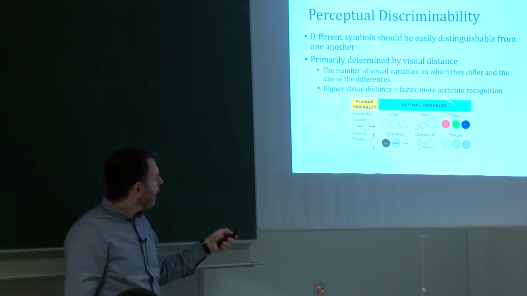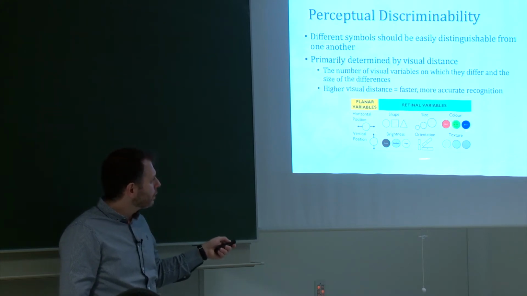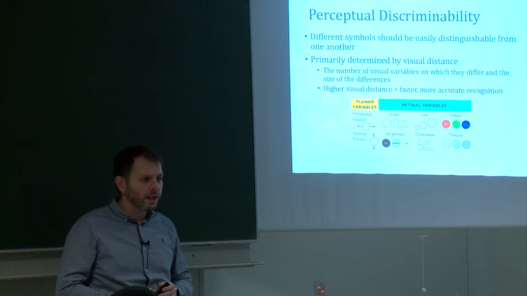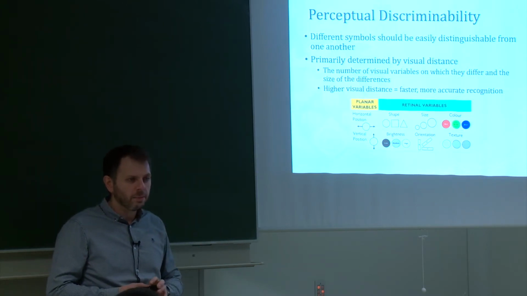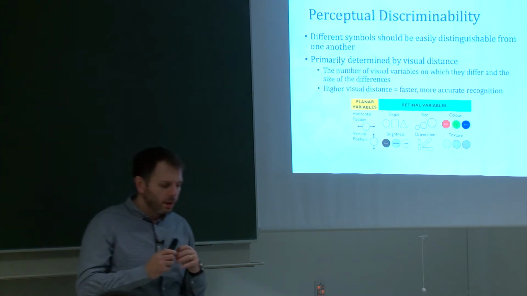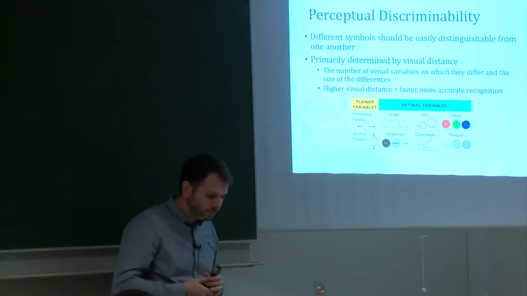We have 8 parameters here, so we can play with shapes, sizes, colors, textures, orientation, brightness, and then the horizontal and vertical position of diagram elements. These all contribute to them being visually unique and easy to identify.